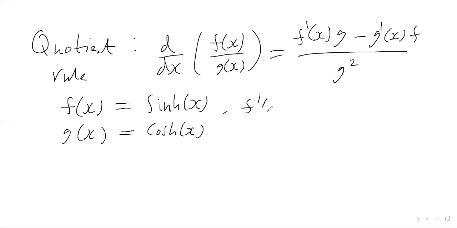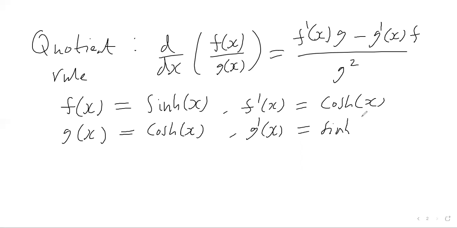So we know that when we differentiate hyperbolic sine, we obviously get hyperbolic cos. And when we differentiate hyperbolic cos, we get hyperbolic sine. So let's just write those results there. And then the g squared, well, that's just going to be the cosh squared. Okay, cool. So we got those results.